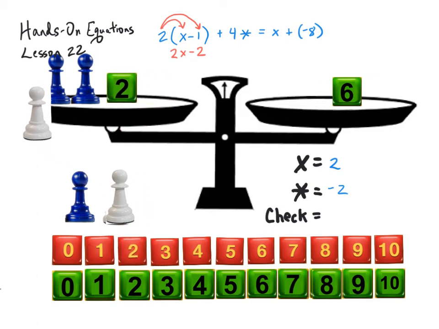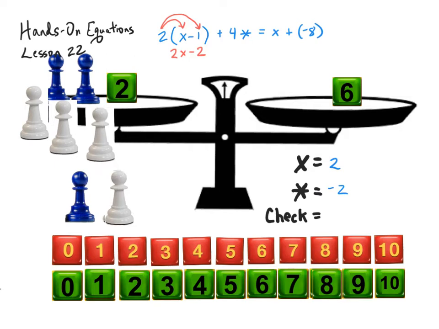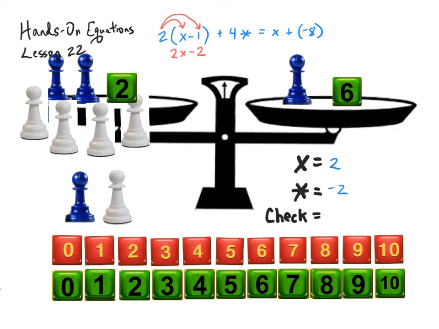Then we also had 4 stars, 1, 2, 3, 4. And then we had an x and a negative 8. We now need to substitute our values. So star was negative 2, and x had a value of positive 2.